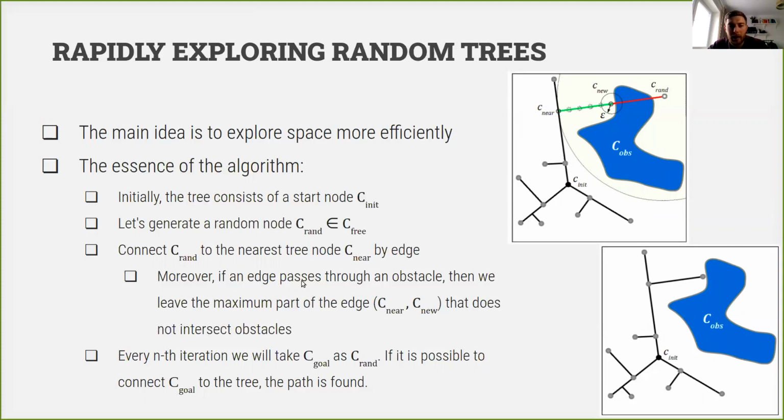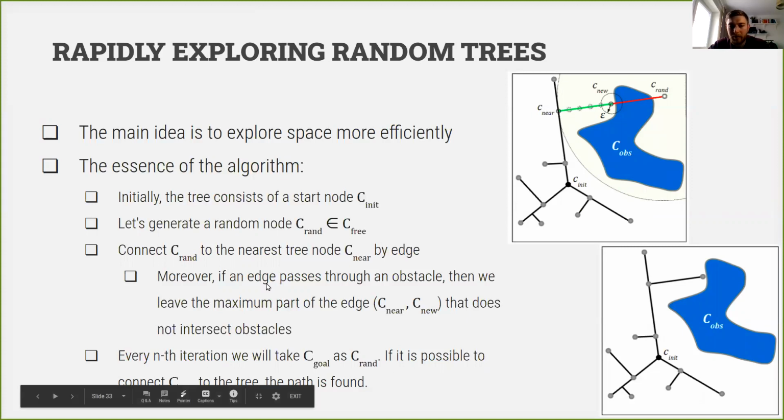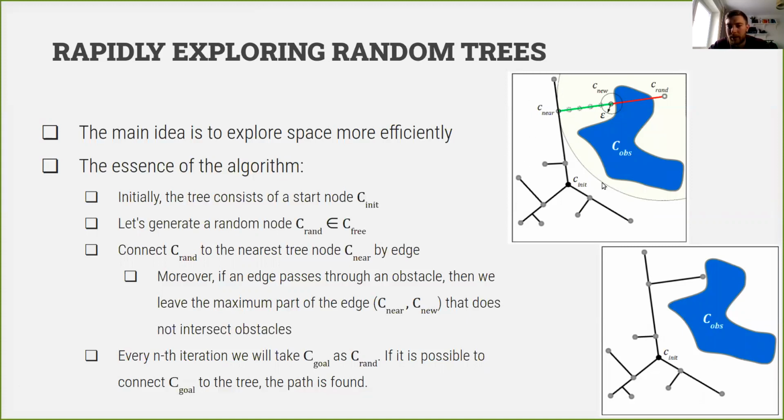You can see here that if an edge passes through an obstacle, then we leave the maximum part of the edge, from C near to C new, that does not intersect obstacles. So even if we generated a kind of bad node which cannot be connected to our tree, we still try to use this situation and generate a new node here, which is not crossing the obstacle, and we still expand our tree. That is how step by step we build our tree like this.